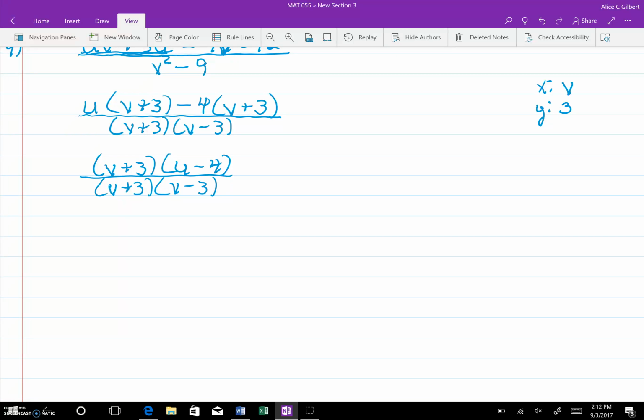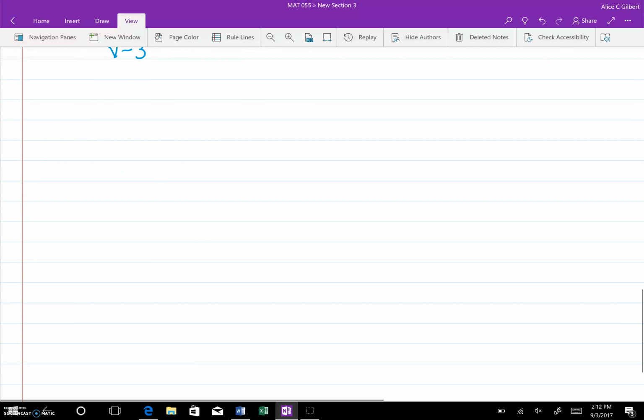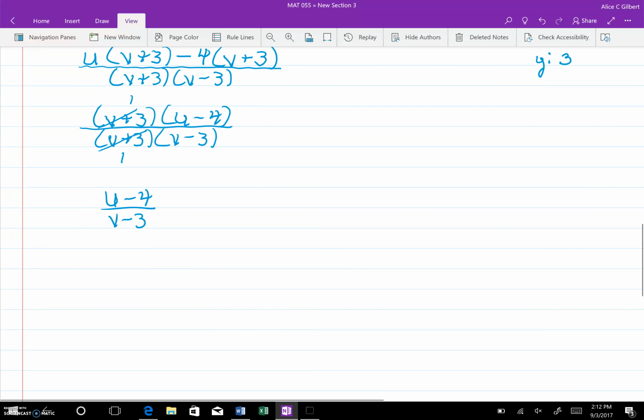Now I'll look and see what I can cross cancel. Well, v plus 3 can go away, and so I'm left with u minus 4 over v minus 3. And I don't need to put those in parentheses because the numerator isn't being multiplied with anything else, the denominator is not being multiplied with anything else. Let's see if we can get one more in here.